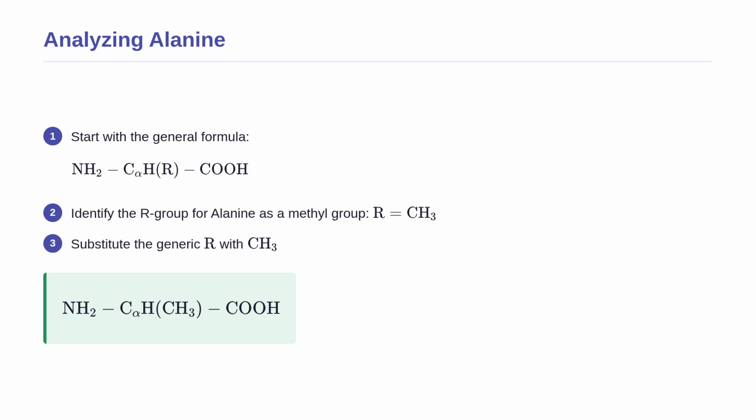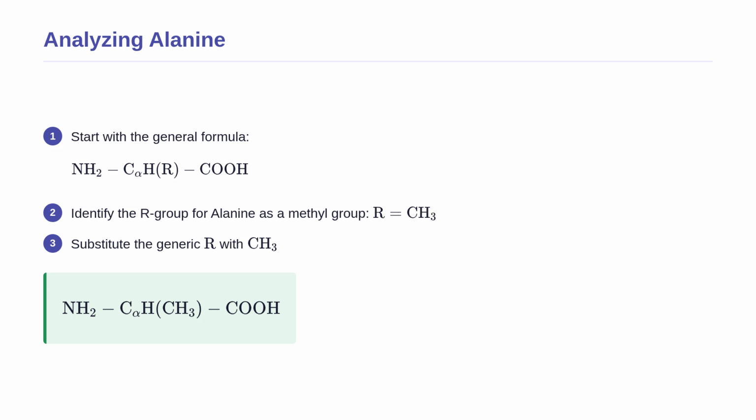Having seen a symmetrical molecule, let us look at one that introduces asymmetry. For our second example, we will identify the structure of alanine. We are given the chemical fact that the R group of alanine is a methyl group, represented by CH3.